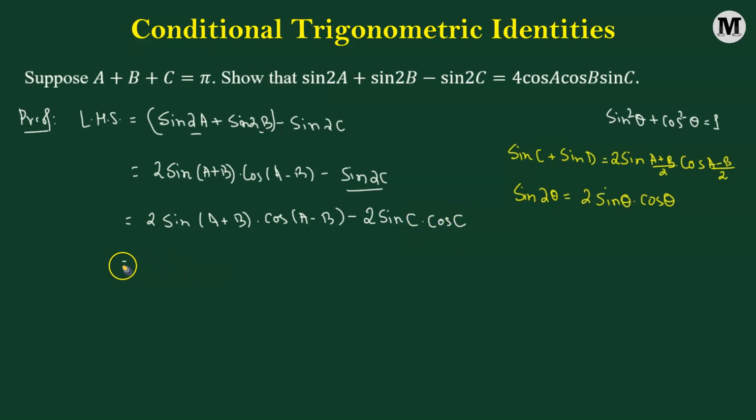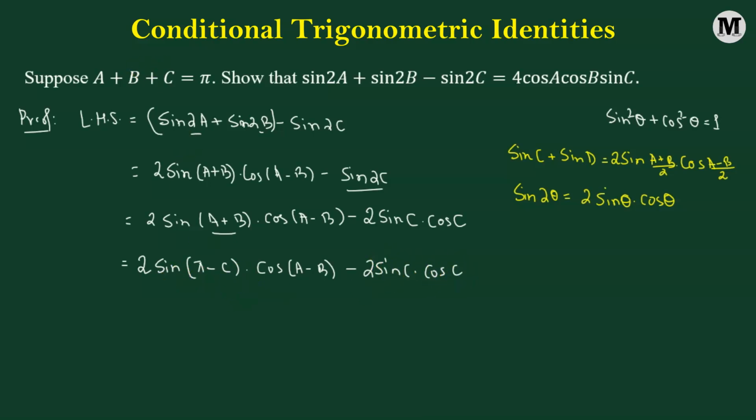So this is now equal to 2 times sine of angle. Now here we are going to use our given condition, that means a plus b plus c equals pi. In place of a plus b, we can replace it with pi minus c, multiplied by cosine of the angle a minus b, minus 2 times sine of angle c times cosine of angle c.